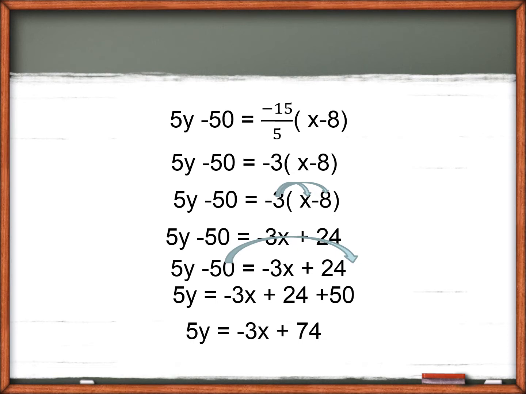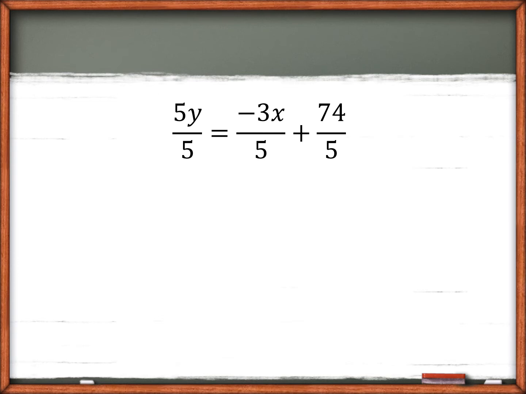So the result will become 5y equals negative 3x. We just combine 24 and 50, so it becomes 74. Since it's 5y equals negative 3x plus 74, and if our intention is to write this one in slope-intercept form, we will divide each term of the equation by 5.